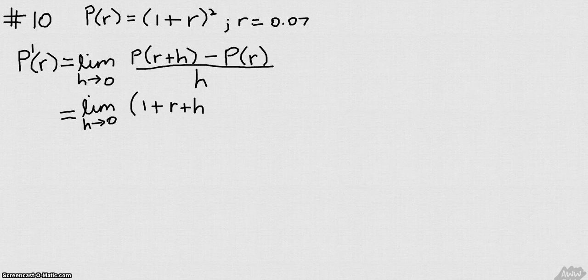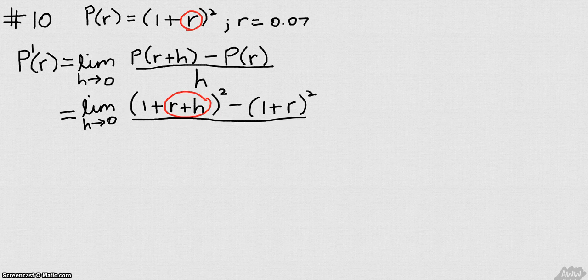So I want you to think about this, r plus h is replacing the r. That quantity is squared minus, and the original function is what we have here, 1 plus r quantity squared all over h.